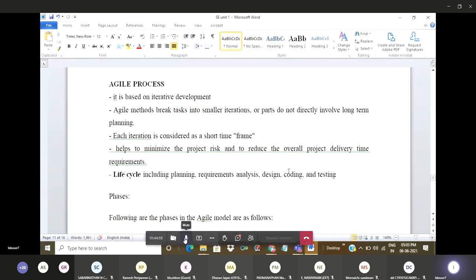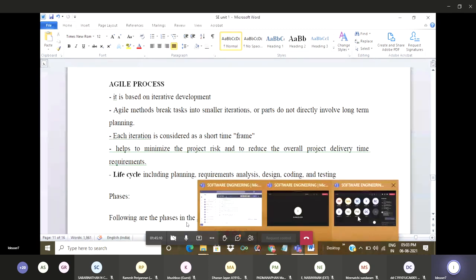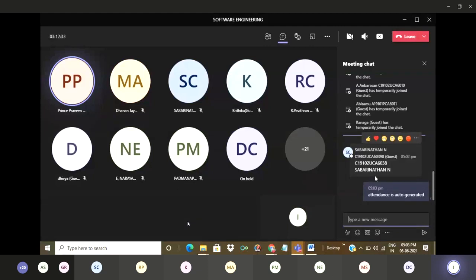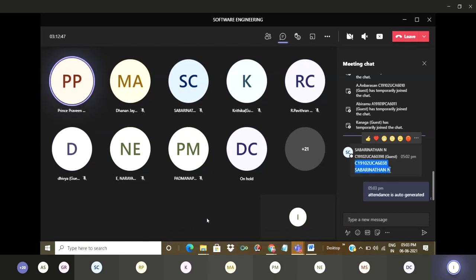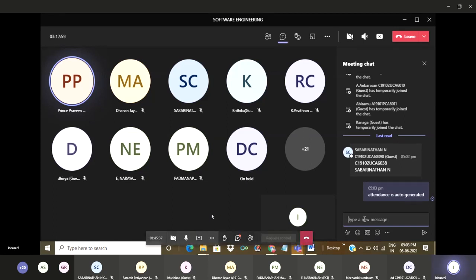Your username will automatically register. Even if you send your register number and name here, I cannot note it down because it is registered automatically. I cannot register your name along with your register number. There is no problem, Prince Praveen will register in the attendance.